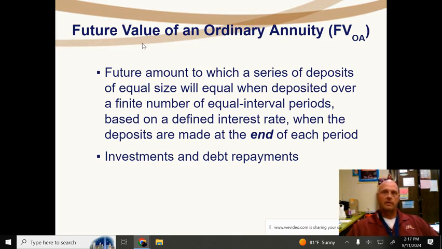Now, time tells us that as you make more money in a job, you may be able to put more money in. As IRS laws change, you may have the ability to put more than $7,000 a year in a Roth IRA. So we're looking at a consistent series of deposits at a set rate of return that's not going to change.